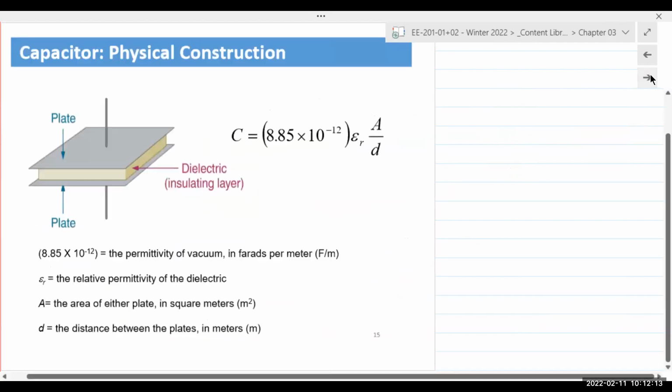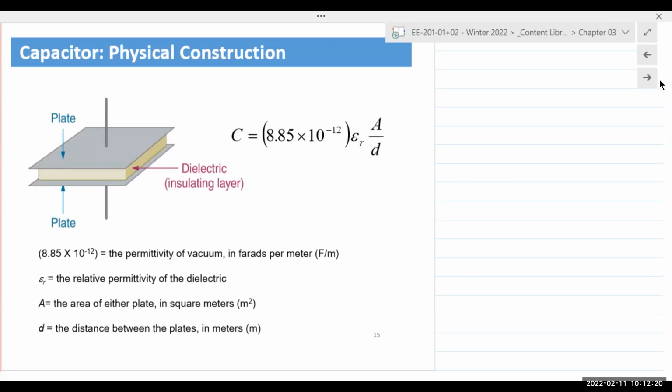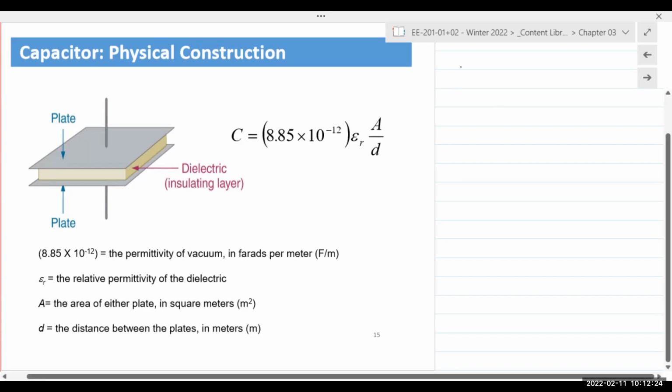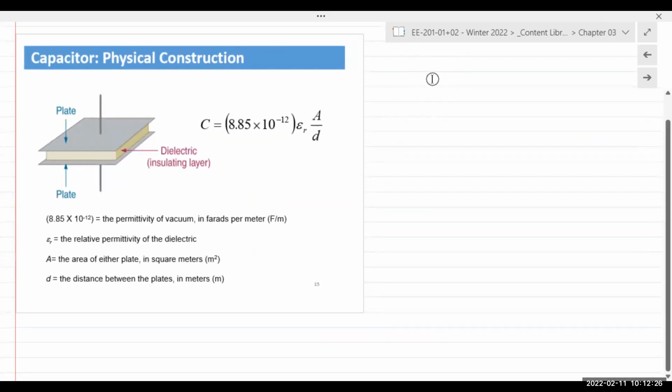Let's go into the physical construction of the capacitor. Okay, capacitor, of course, is two parallel plates. So physical construction basically takes into account the cross-sectional area of the two plates separated by the distance or the thickness of that insulating material.